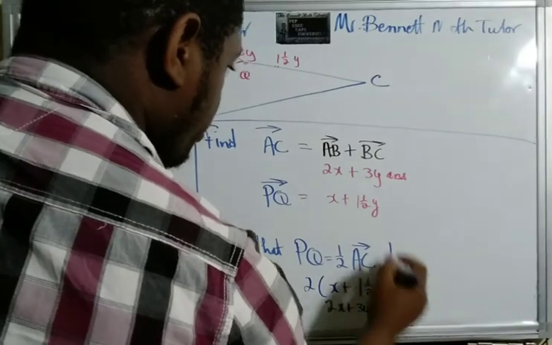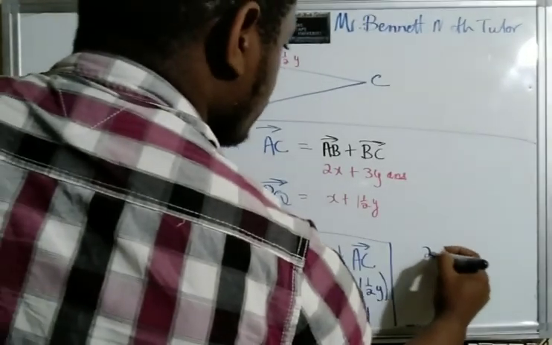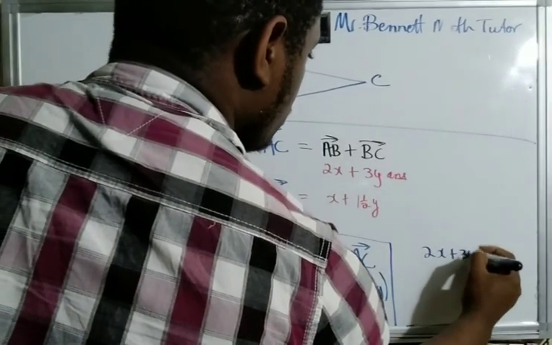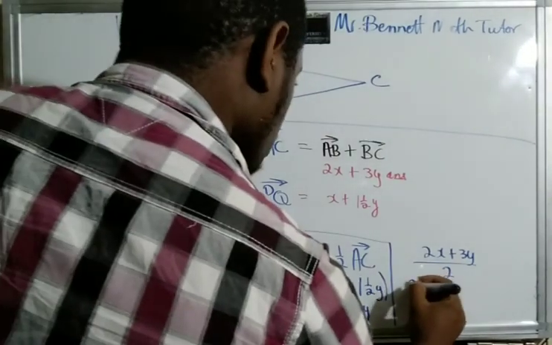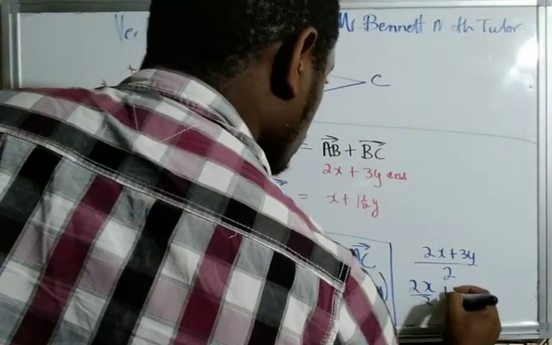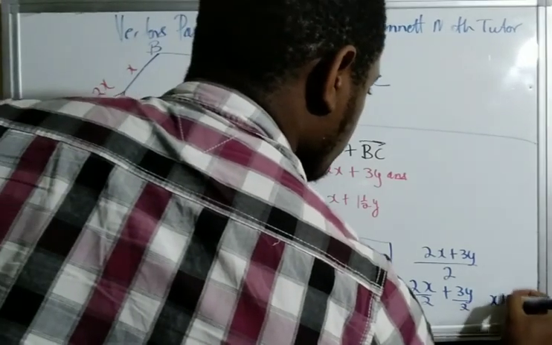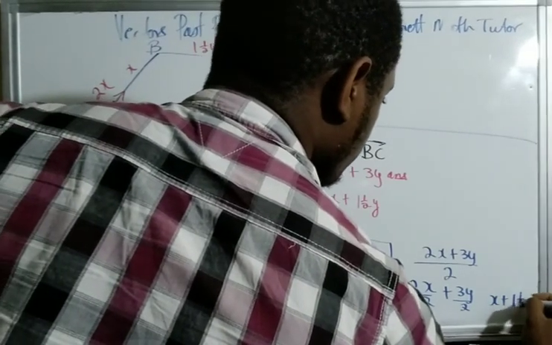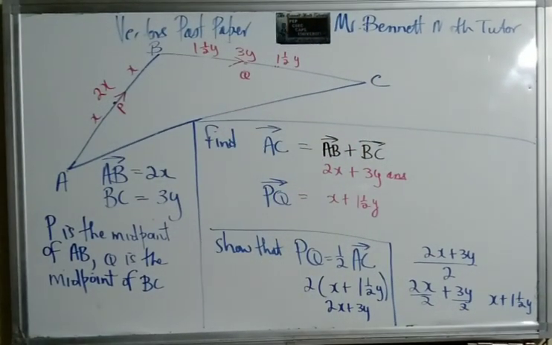Or if we take it from our next angle, if we find a half of this, which is the same thing as that, this is the same thing as 2x divided by 2 plus 3y divided by 2. We get x plus 1.5y. So anyway we take it, guys, it's the same. So it is proven.